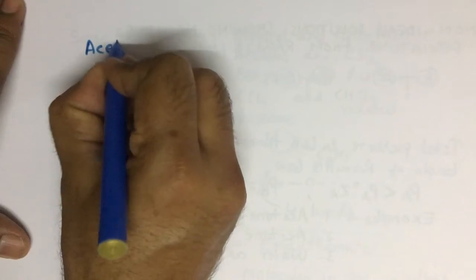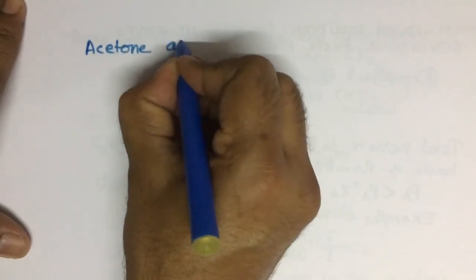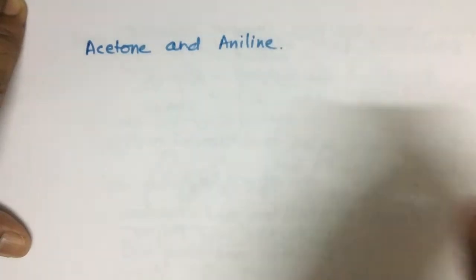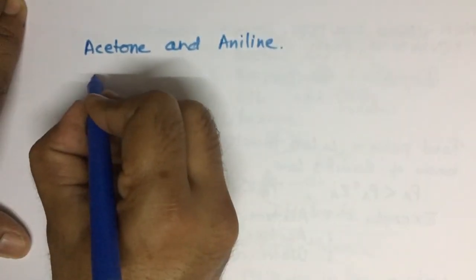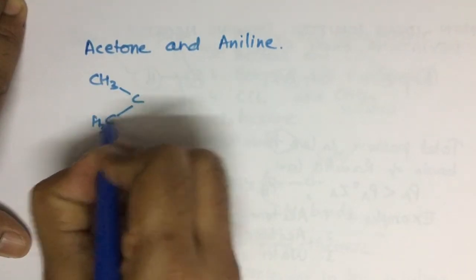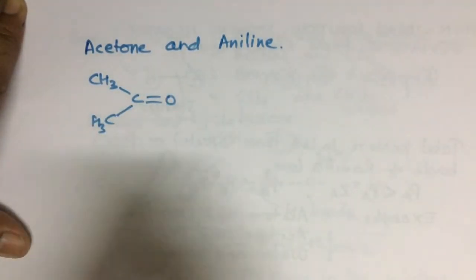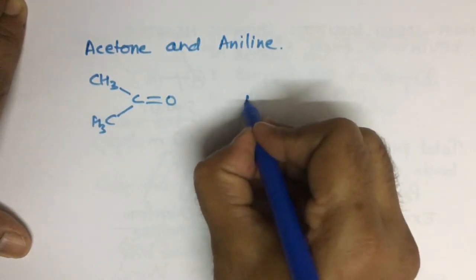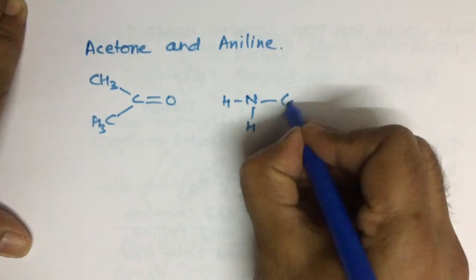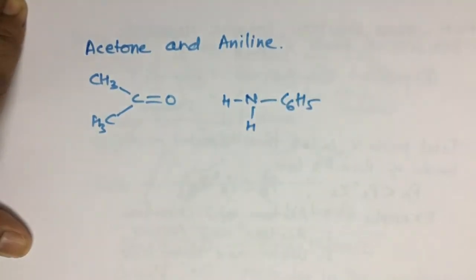Let's explain negative deviation with the help of an example. We take the example of acetone and aniline. Acetone is CH3COCH3 and aniline is NH2C6H5.